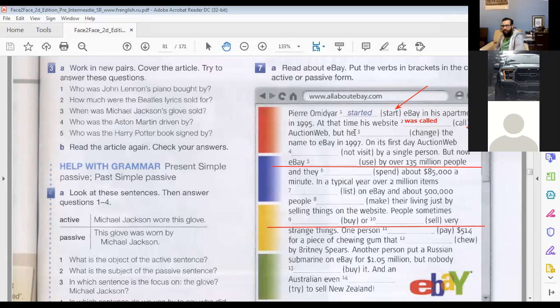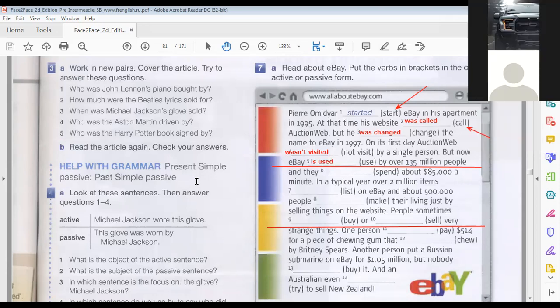On its first day, AuctionWeb wasn't visited by a single person, but now eBay is used by over 135 million people. Okay. Can you repeat the last part? But now eBay is used by over 135 million people. Okay. All right.